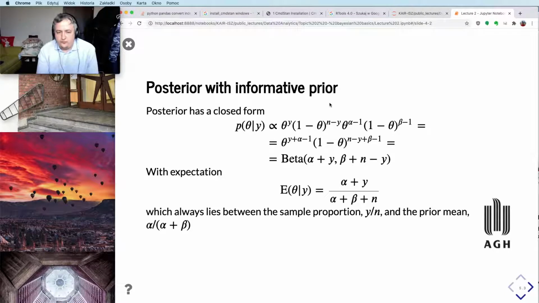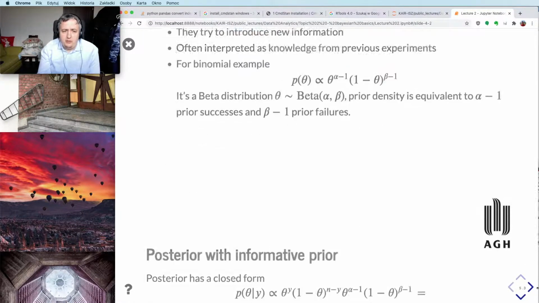So we can get the closed formula for the probability of theta, which depends on both previous measurements and new measurements. So previously we have alpha minus 1, if I remember correctly, sorry.